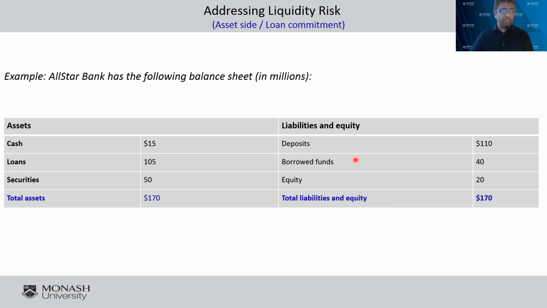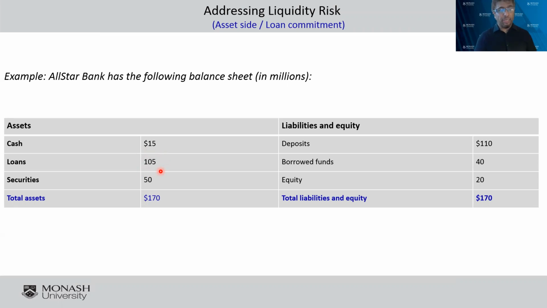On the asset side, we have this balance sheet of All Star Bank. This is the balance sheet before everything. But now we have a problem. The liquidity does not come from the liability side. It comes from the asset side. And let me remind you how it can come from the asset side, either through loan commitment or what we call LOC, line of credit.